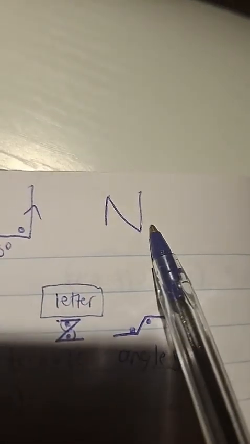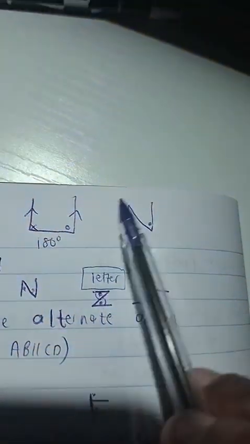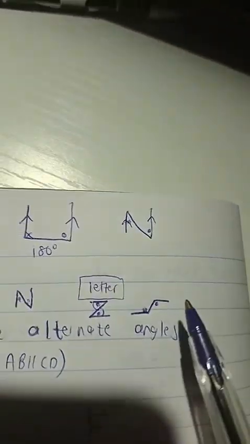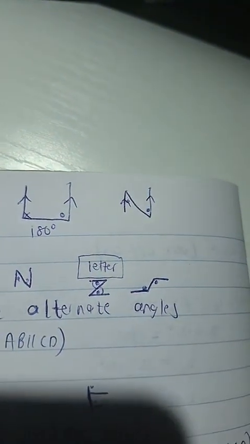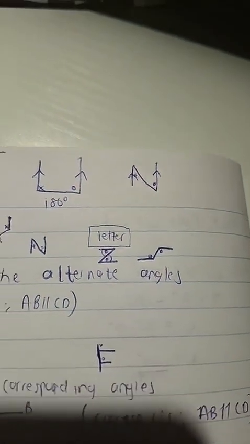Then last but not least, our N or our Z shape. This has to do with what kinds of angles? Alternate angles. What do we know about alternate angles? If the lines, guys, are parallel, then we say the alternate angles are equal.